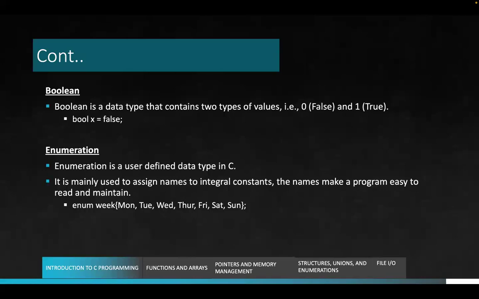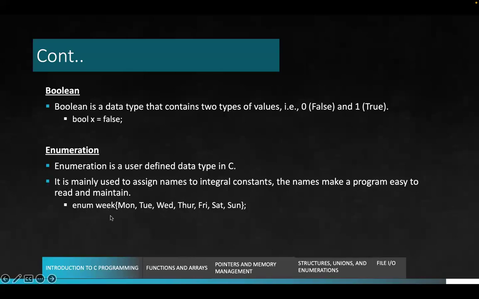Next one is enumeration. Enumeration is a very frequently used data type in a programming language. This is another user defined data type. It is mainly used to assign names to literal or integral constants. For example, the declaration is like this: enum week.